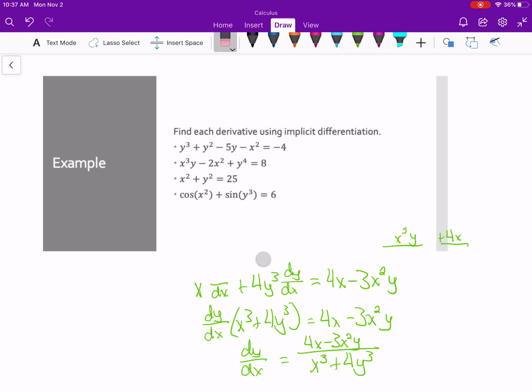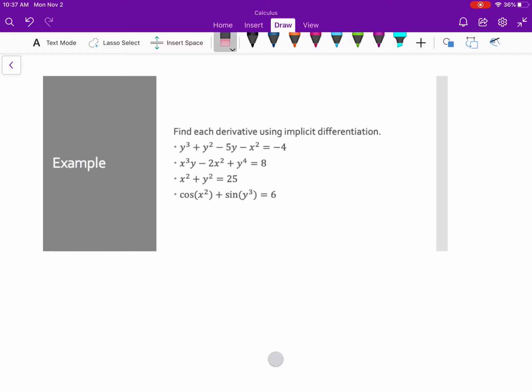I'm going to skip to this last example, just so we have an example of trig here. All right, so cosine of x squared, the derivative, so cosine goes to negative sine. So negative sine of x squared. Chain rule, multiply by the derivative of the inside, so I'm going to put a 2x there.